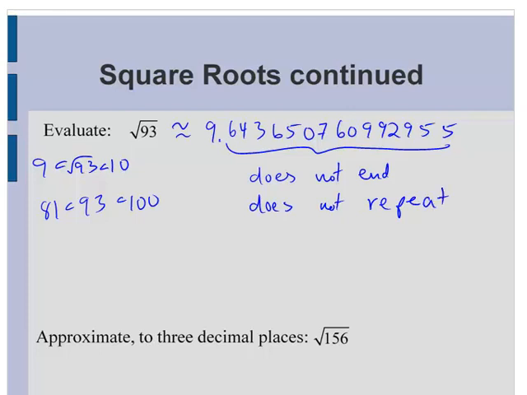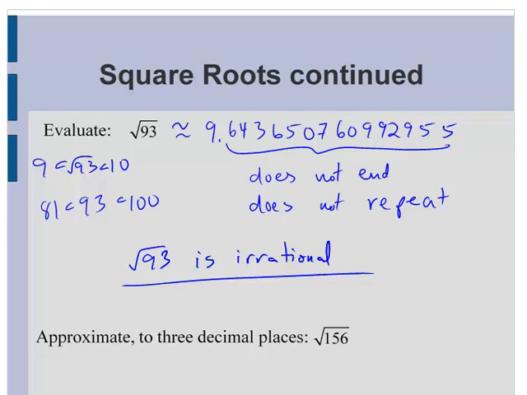And if you remember anything back from chapter 1, when we have a decimal number that does not end or does not repeat, we would say that the square root of 93 is irrational. We can write it exactly using the symbols as shown. The square root of 93, that's exact. We can approximate it using a calculator.